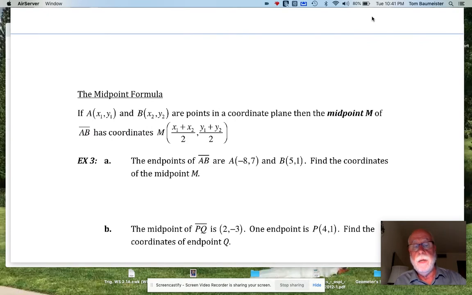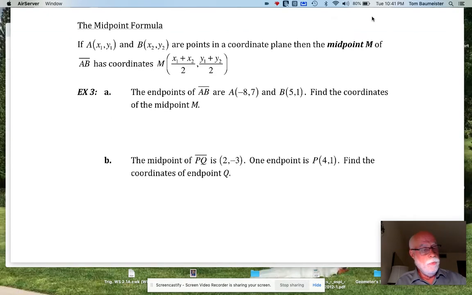On the next one, our last example for today, again, I told you it was going to be a quick one here. It says that the endpoints of AB are A (negative 8, 7), and B is equal to (5, 1). Find the coordinates of the midpoint M. So if we wanted to draw a quick drawing here, I'm just making it straight.